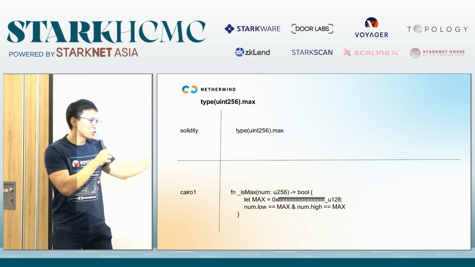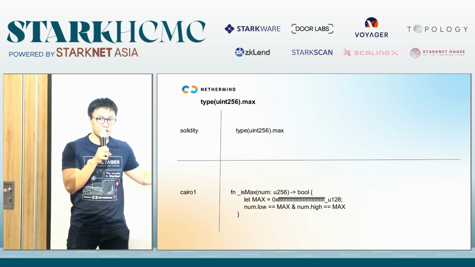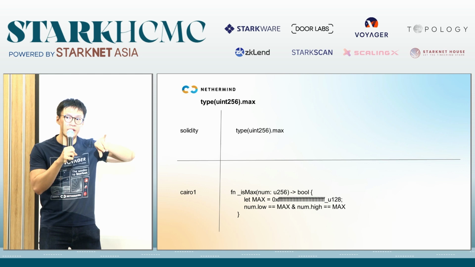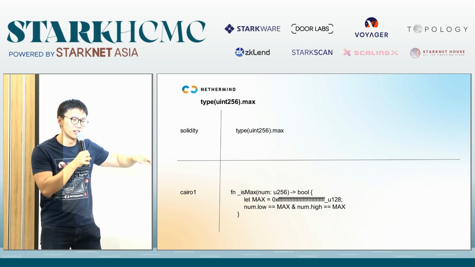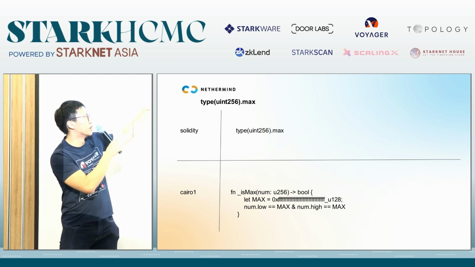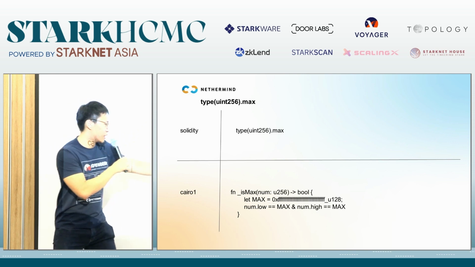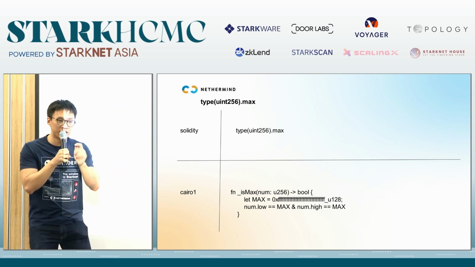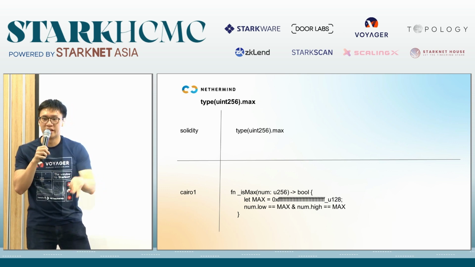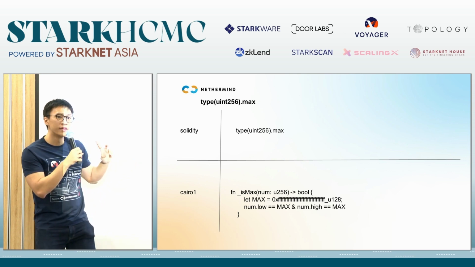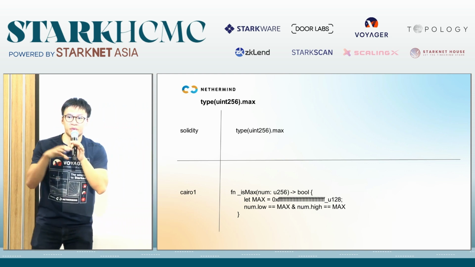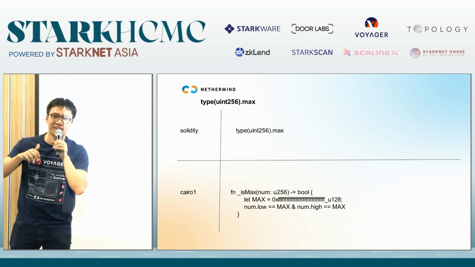So U256 in Cairo is actually a struct of a high and a low, and combining them forms a struct that represents U256, and I'm checking that the low and the high are max values. I'm glad you asked that question because I can now elaborate in a better way. And this is just saying that it's U128. All good? Cool, thank you.